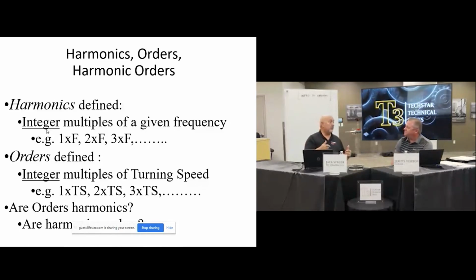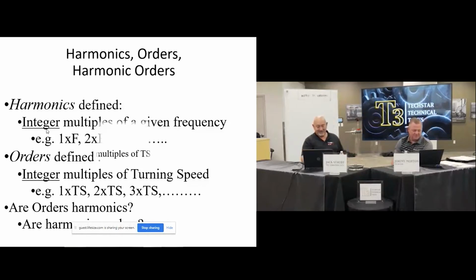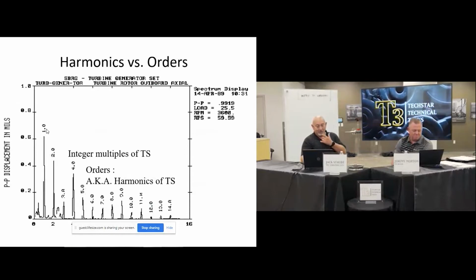Sure. Whereas if you had vane pass and you had 5 times, 10 times, 15 times, those are orders, but they're also harmonics too. Makes sense. So, like we were talking about, this is 1x, 2x, 3x, integers of turning speed.